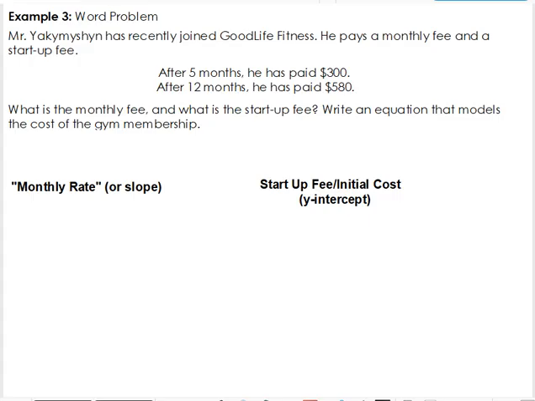And after 12 months, I paid a total of $580. This is true. Now it says here, what is the monthly fee and what is the startup fee? When you see monthly fee, maybe you can think of that as monthly rate or slope. And when you see the startup fee, you could think of that as the initial cost or perhaps the y-intercept.